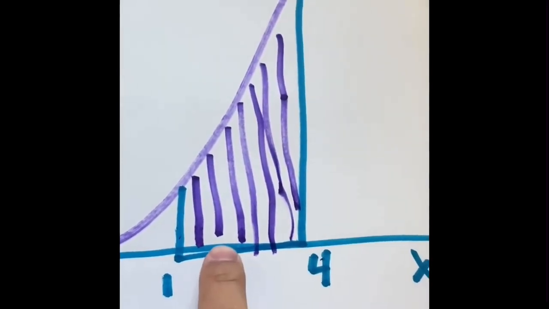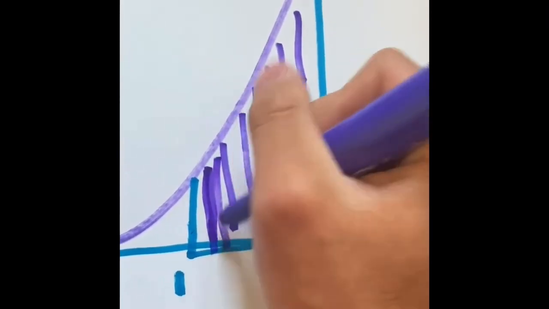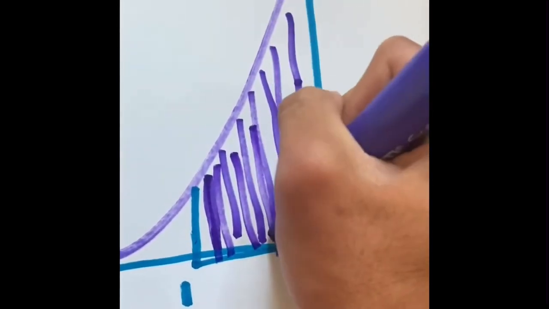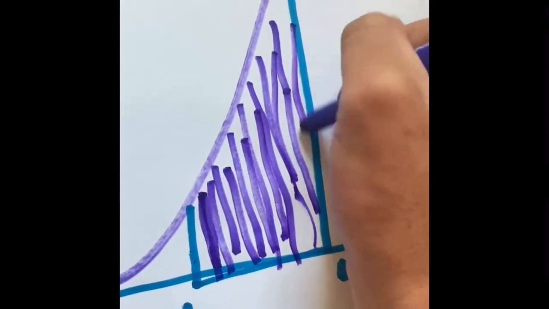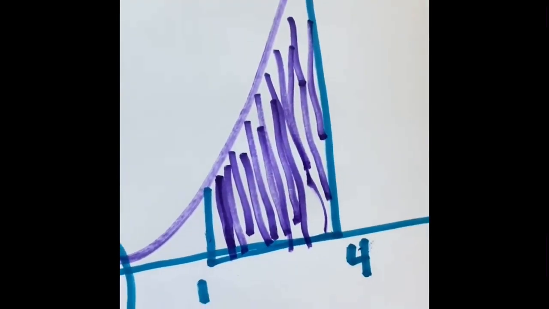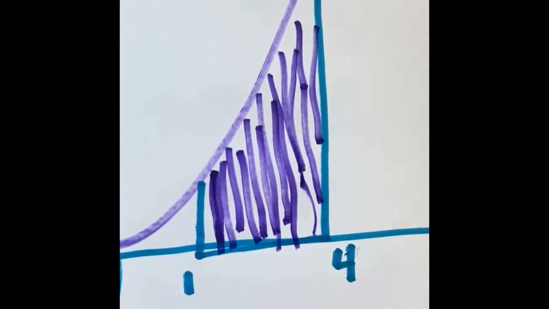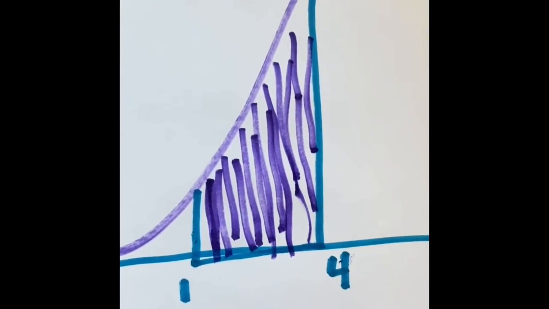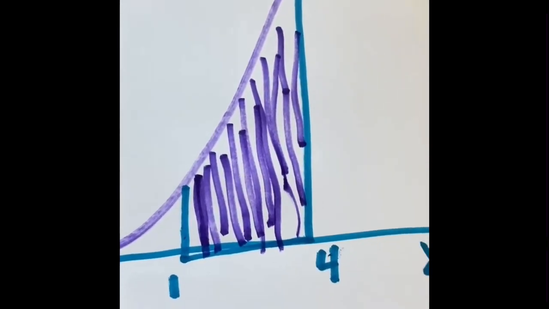If we wanted to make our answer even more accurate, we have to add more rectangles and make them a lot smaller. Basically, pixels in a video game. But it's still not 100% accurate because it's still curved, and you can never have it 100% accurate by putting in more rectangles or pixels.